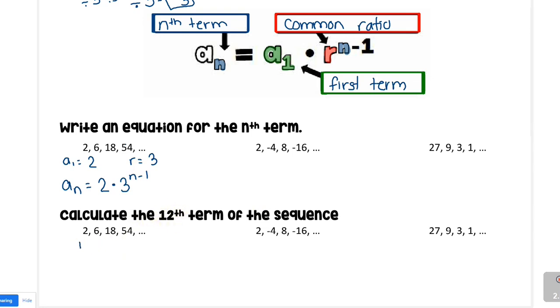So if we're calculating the 12th term, our n is going to equal 12. So we are just substituting it into the formula above. So A sub 12 is equaling 2 times 3 to the 12 minus 1.